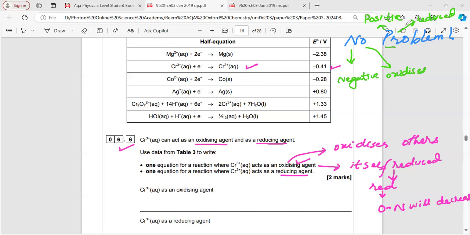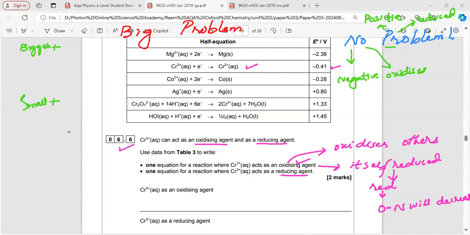But guys, if both values are positive, then the situation will be like this. One will be a bigger positive number and the other a smaller positive number. If the situation is like that, then you cannot say "no problem".